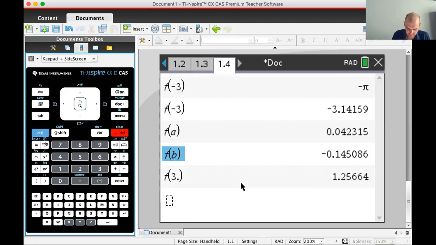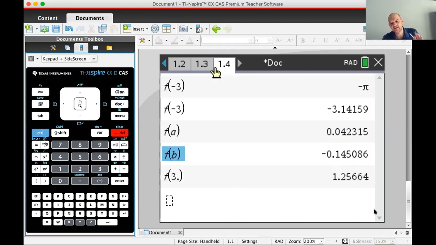I mean -pi, but 0, that's really small. 0.042. -0.145. And then 1.257. Okay, so once you have all the values in the table, the absolute maximum is the biggest y value that you have.